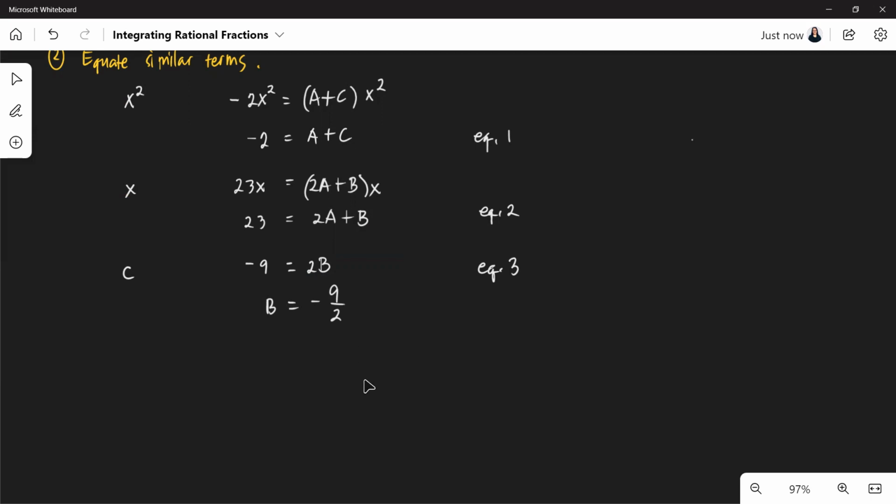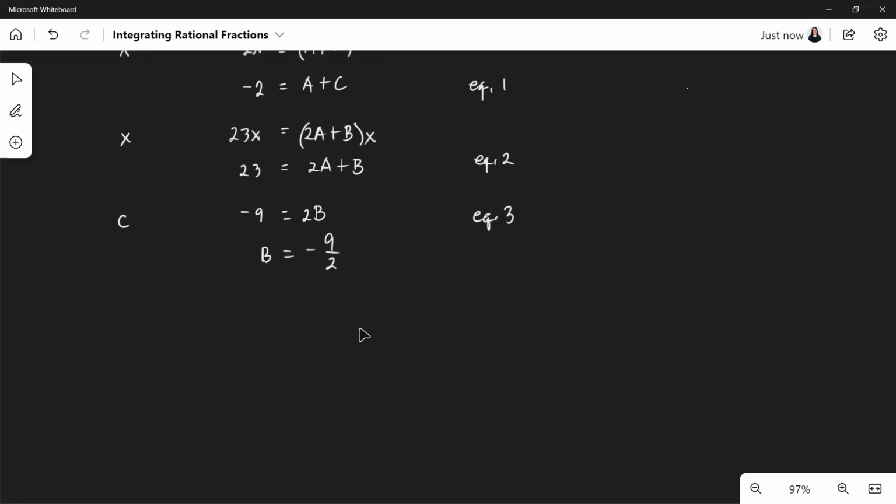Let's have this manual solution so that it would be fair to everyone, especially those with calculators that cannot solve systems of linear equations, especially if the number of linear equations is more than 3 or more than 4, because some calculators can solve systems of 4 linear equations.